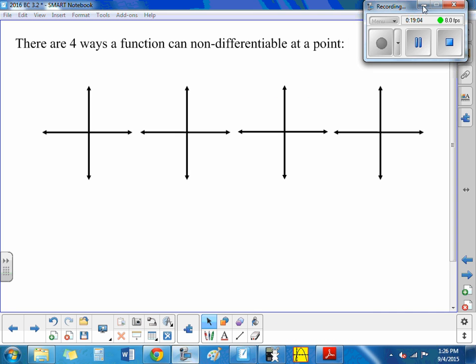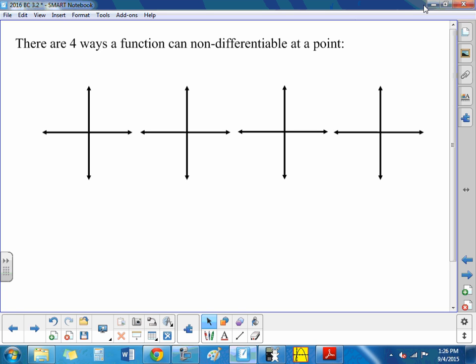Okay, there are 4 ways a function can be non-differentiable at a point. Okay? One of them is the corner. We just saw that with the absolute value curve. Sharp turn right there. Okay? So maybe the slope on the left is just -1 consistently, or maybe it's approaching -1 or something.